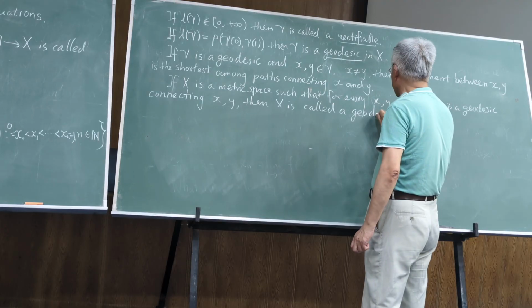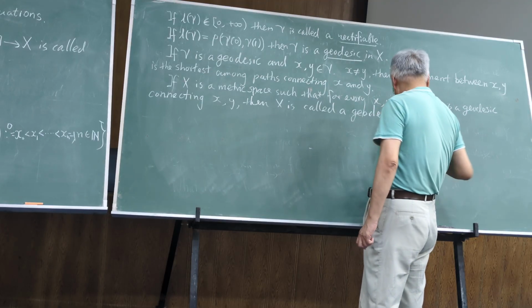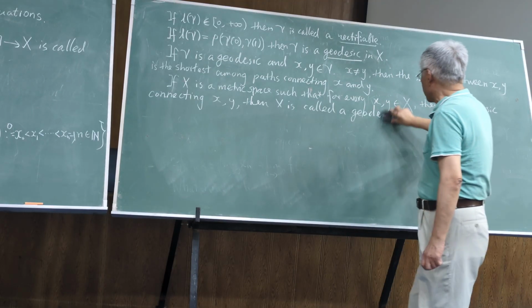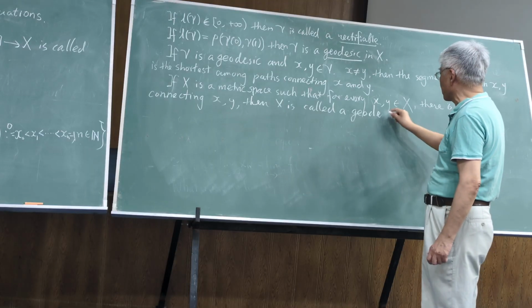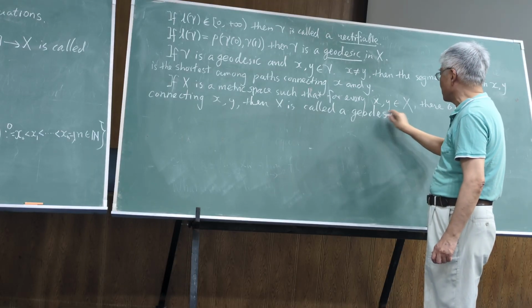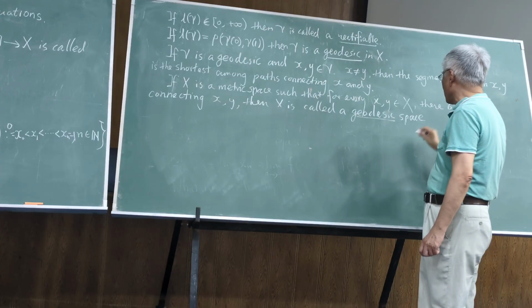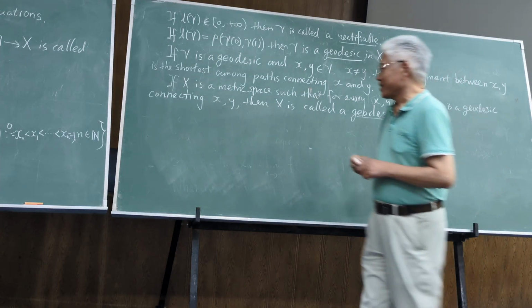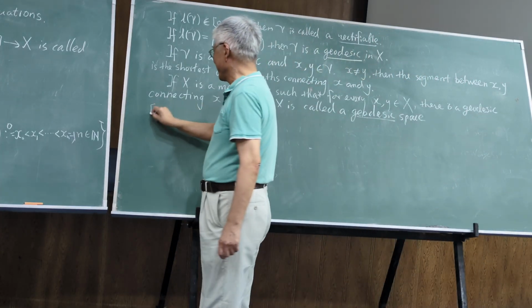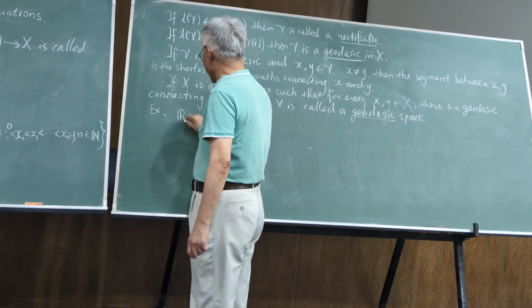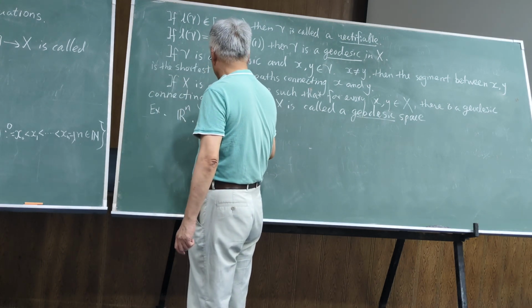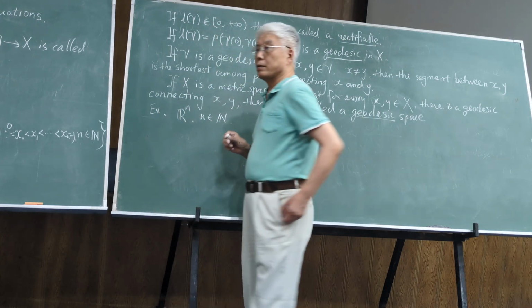Now, I want you to tell me quickly what examples of geodesic spaces there are. Real line, and actually any Euclidean space. Good. So for example, R^n for any natural number n is geodesic.